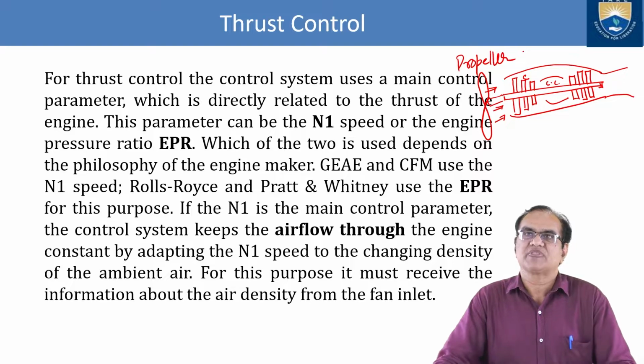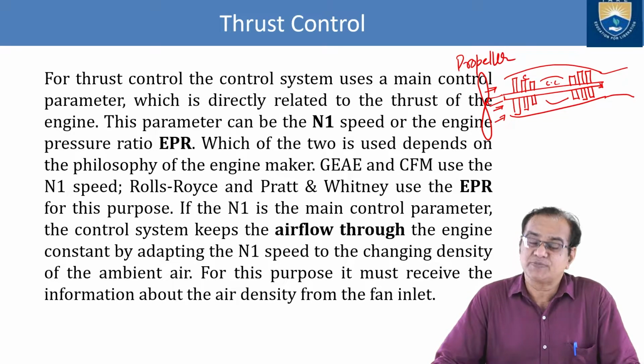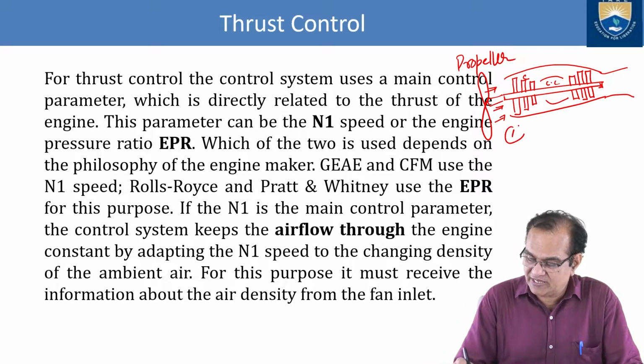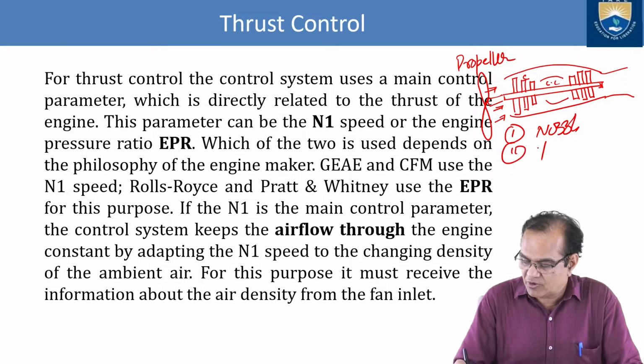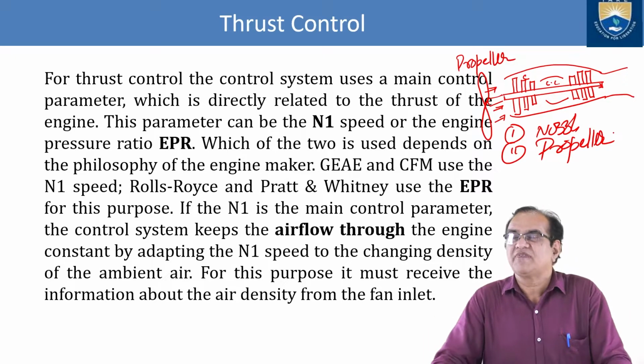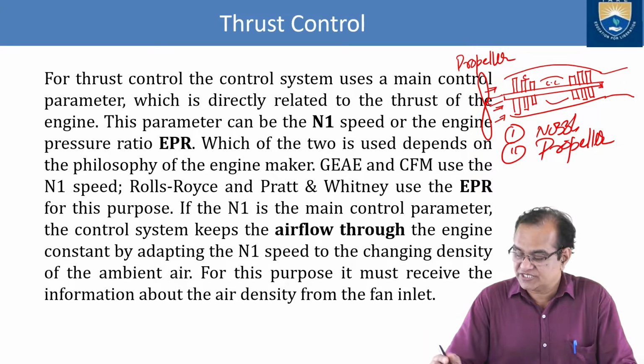So how is the thrust produced? Thrust is produced either by the nozzle or by the propeller. If it is a turbojet engine, this nozzle is used to produce the thrust.